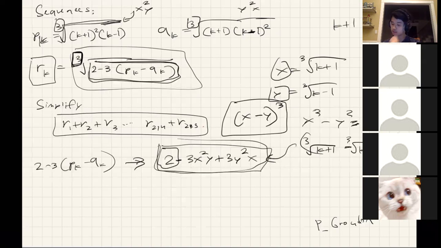Okay? So now once we take the cube root of this term, we can finally do our telescoping in peace. We actually get, magically, that r of k is going to be equal to the cube root of k plus 1 minus the cube root of k minus 1.